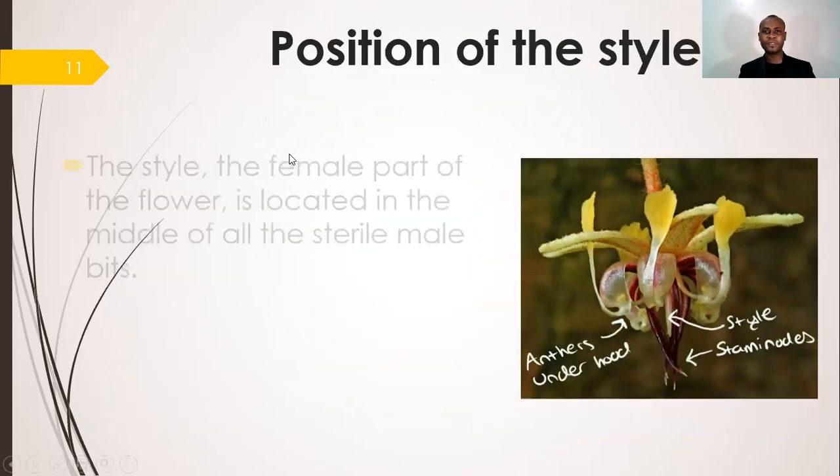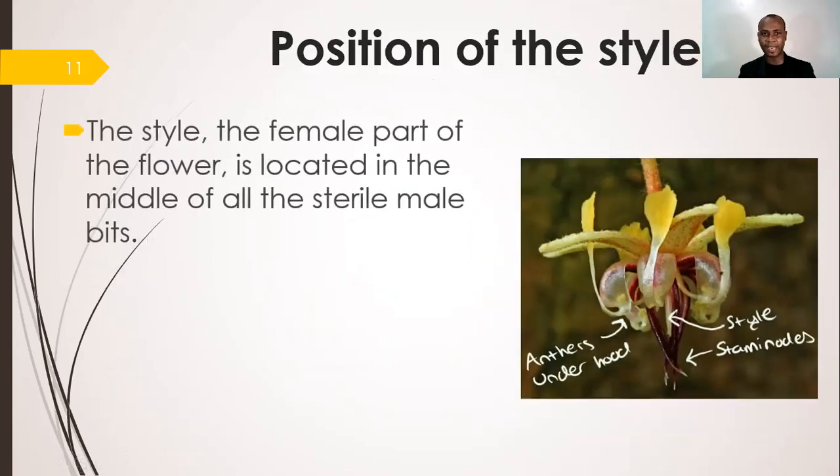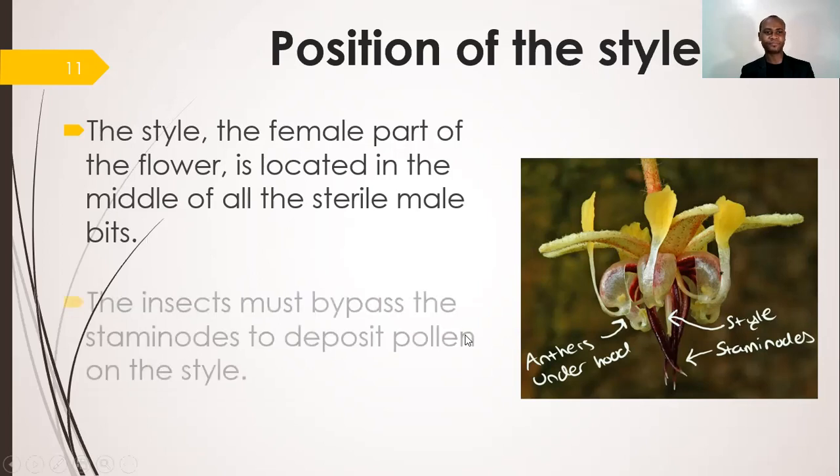Okay, now let's look at the position of the style. So the style, which is the female part of the flower, is located in the middle of the spiral male bit, or it's found inside the staminodes. So this is the style here, which is also hidden inside the staminodes.